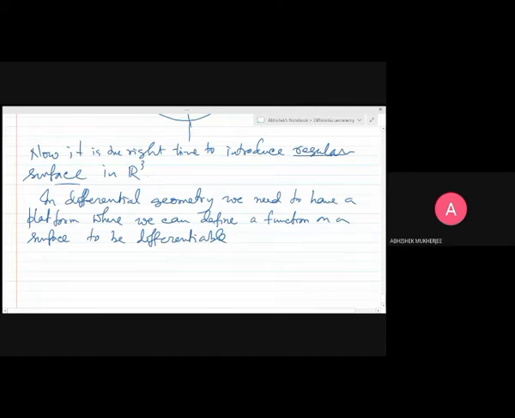And to consider this notion of differentiability, you need to impose some extra structure on a surface, right?